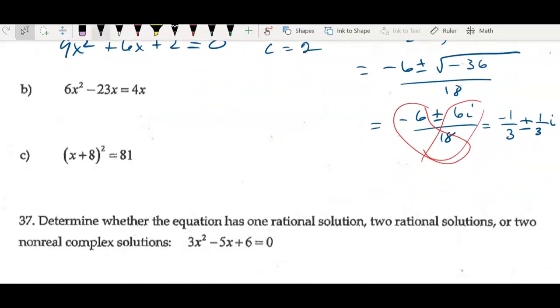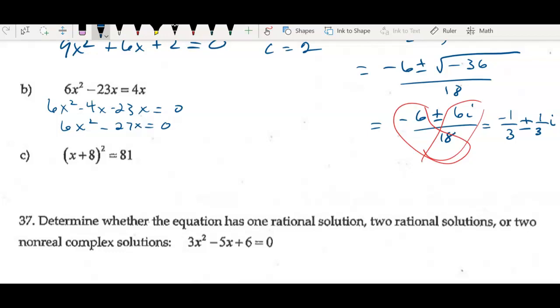The next one, B. Again, quadratic. But this time you can combine things. You get 6x squared minus 27x. Okay, here's the difference. You don't have a C term on this one.